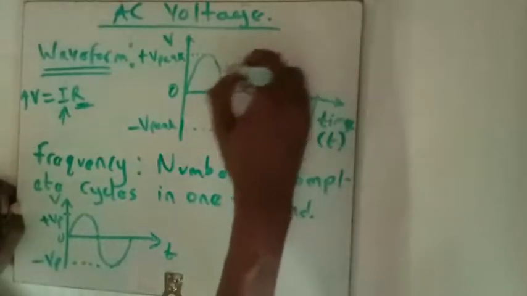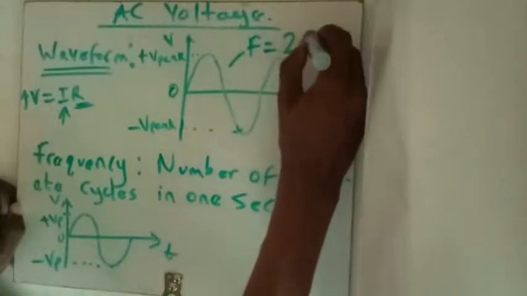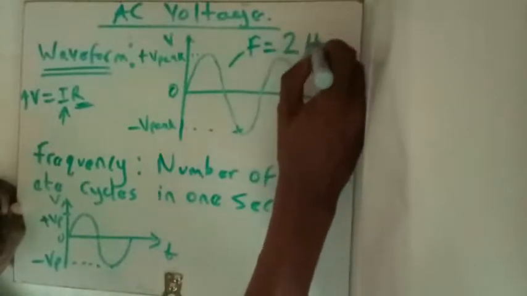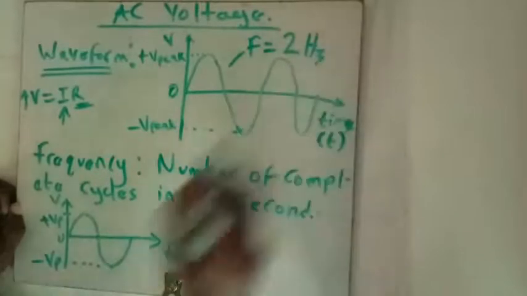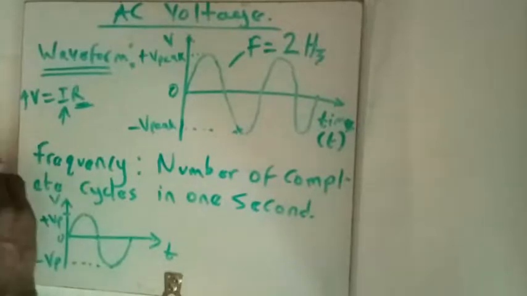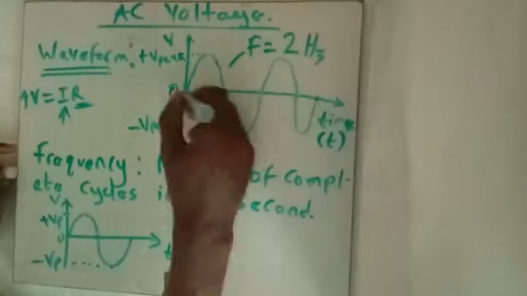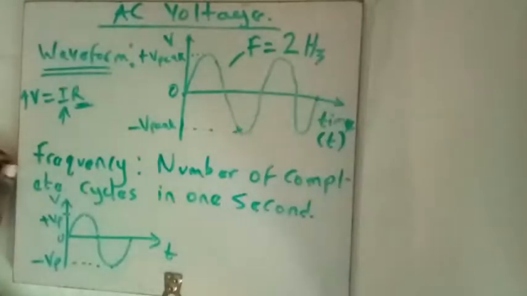That automatically means that the frequency here is 2 hertz. It's 2 hertz because we have 2 complete cycles in 1 second, if the time axis is 1 second.